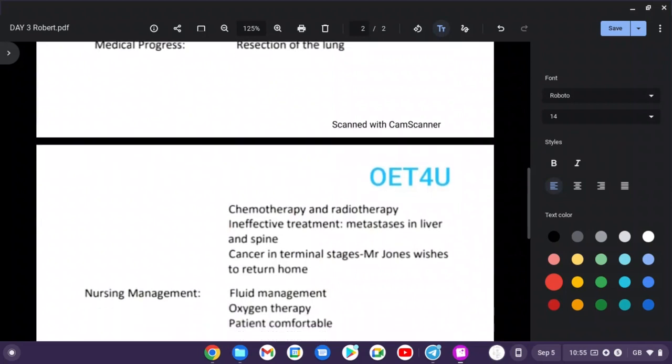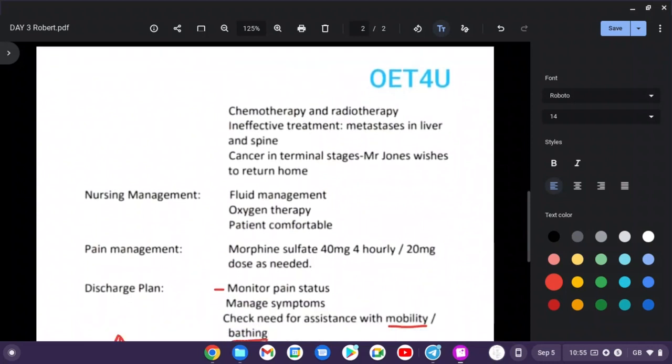Okay, nursing management at the time when he was admitted in the hospital: fluid management is given, oxygen therapy is given, you made the patient comfortable, and pain management, morphine sulfate 40 milligram 4 hourly, 20 milligram dose as needed.